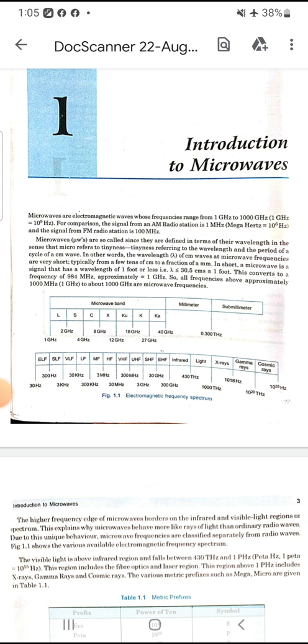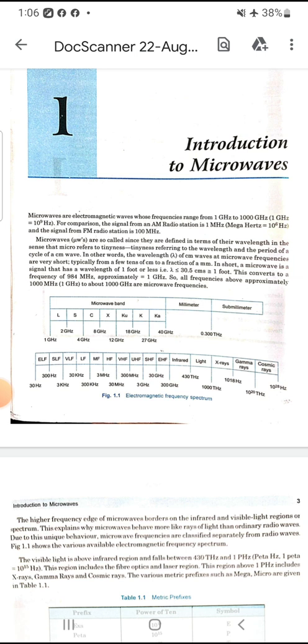The labeling of these bands is ELF, SLF, VLF, LF, MF, HF, VHF, UHF, SHF, EHF, and then after that the infrared, light, X-ray, gamma rays and cosmic rays bands are available. Now, ELF stands for extra low frequency.